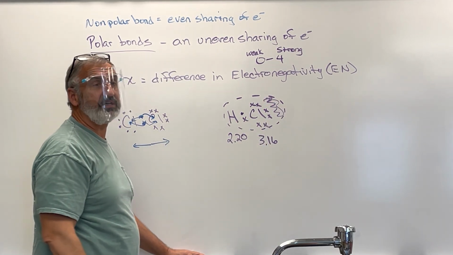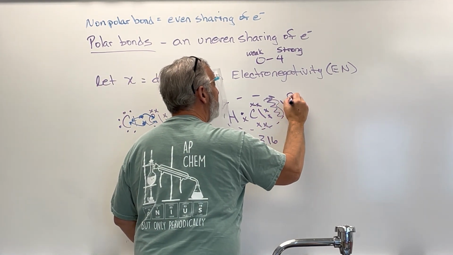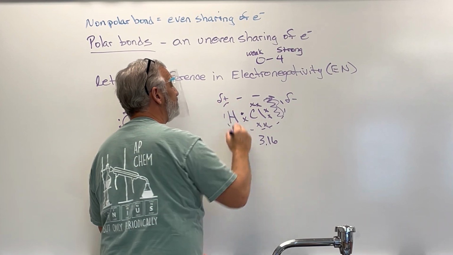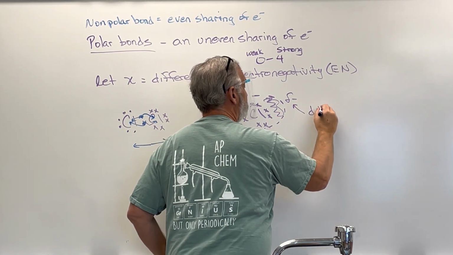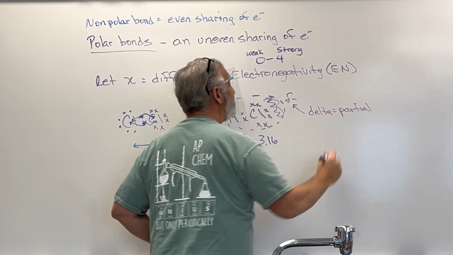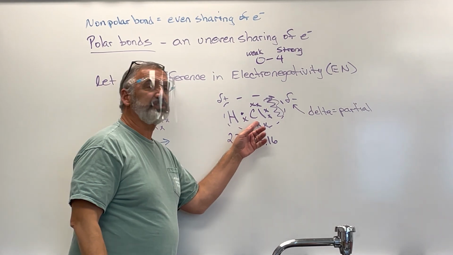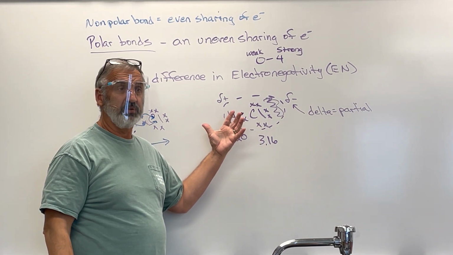And what's the charge on an electron? So we would say that this is a negative and a positive. We use this delta sign, which means partial. It's not a complete transfer. Chlorine's not strong enough to completely take the electron away from hydrogen, but it can definitely hog it.